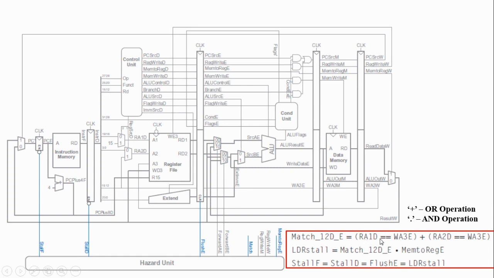If RA1D is equal to WA3D or RA2D is equal to WA3D, then the match signal will be generated. If this match signal and MemtoRegE are both set, then stalling will be done, because MemtoReg will be sending the data to the register file.